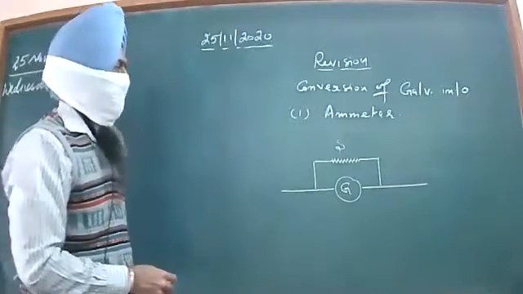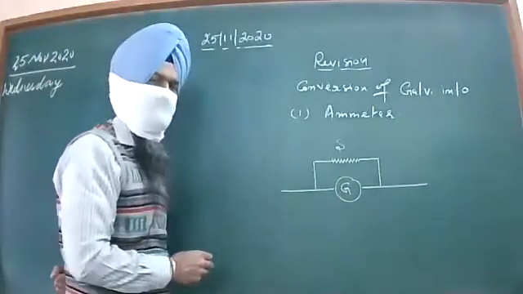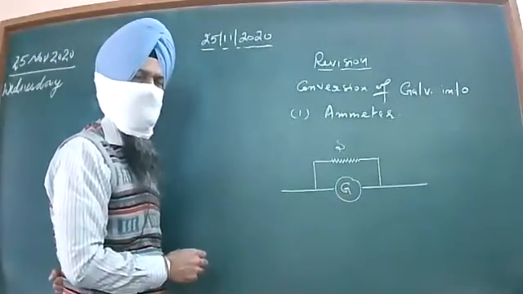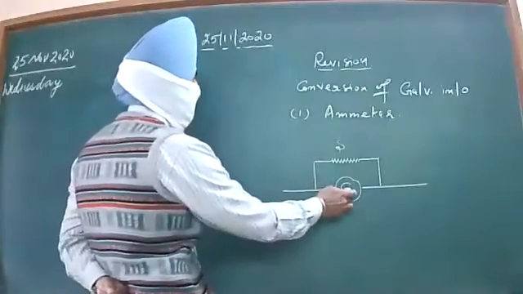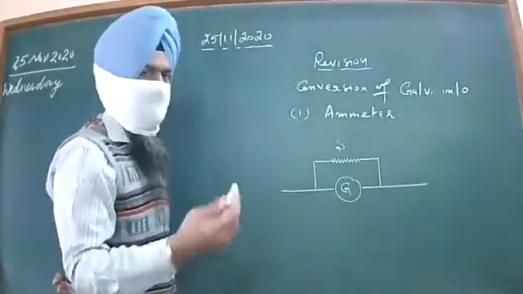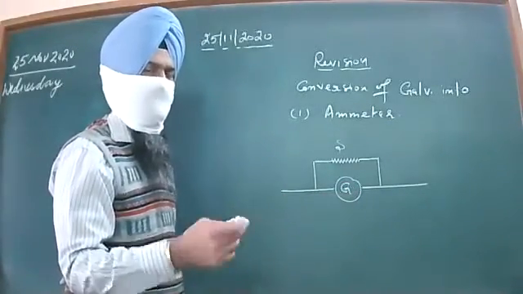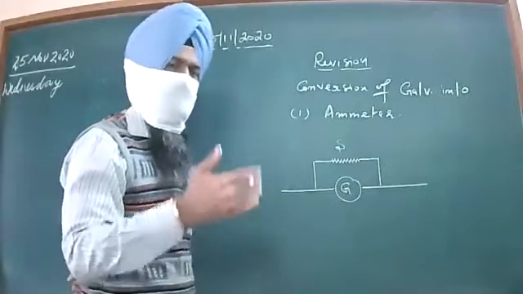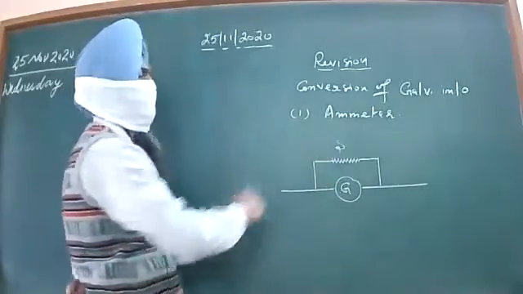Capital G is the resistance of the galvanometer, having its own value, and as we have already talked about, this galvanometer has large resistance in comparison to this S.